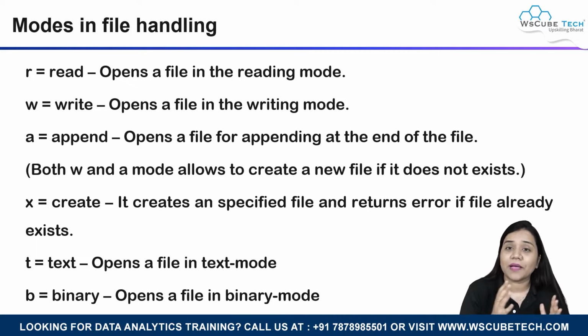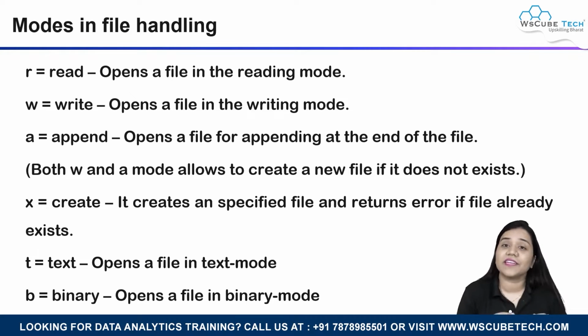While append allows us to add data to the previous data. So if there is some data already existing in your file and you want to add more data to it, all you need to do is use the append method. Append will add the new data at the end of the file. Both write and append allow us to create a new file if the file does not exist.